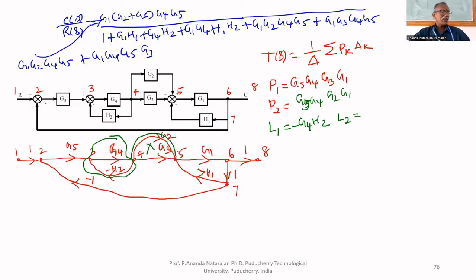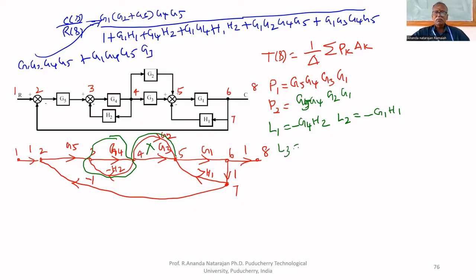Because the direction is not in favor of travel. But this is loop. 5, 6, 7, 5 is loop. That is minus G1, H1. One more loop. 2, 3, 4, 5, 6, 7, 2. That is one more loop.